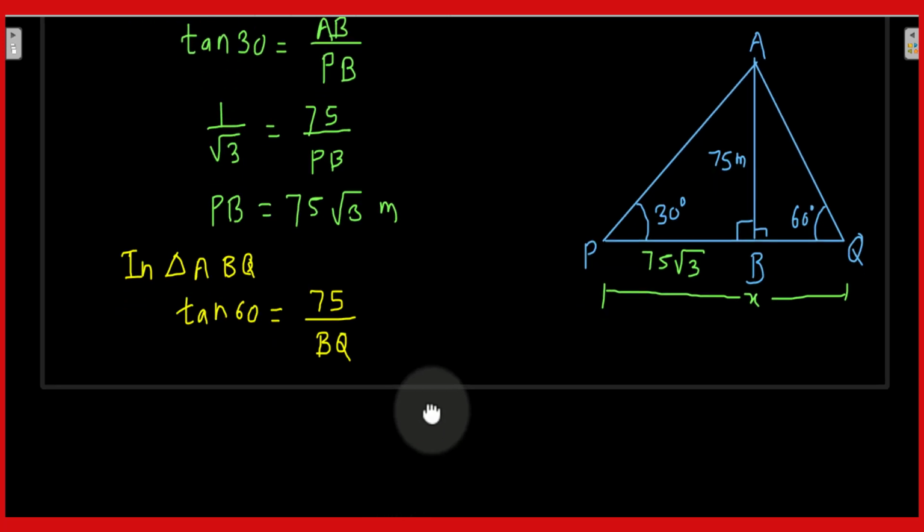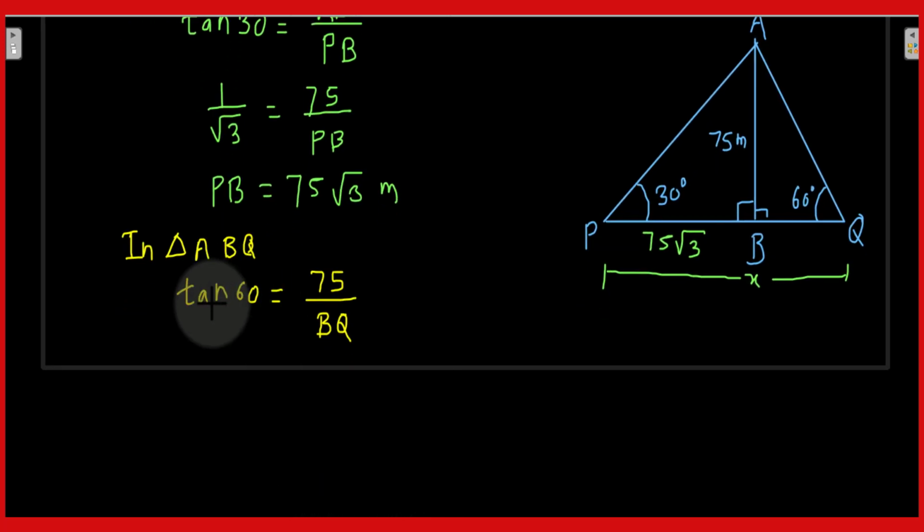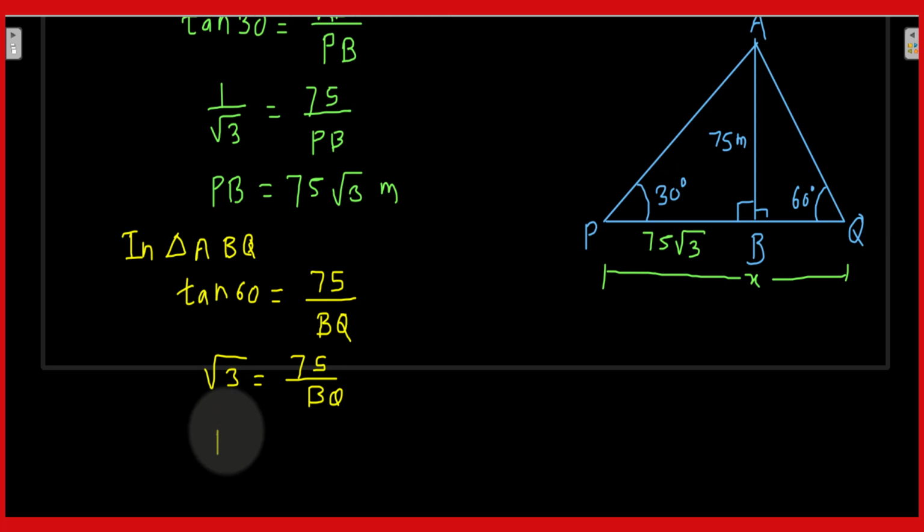The value of tan 60 is root 3, so root 3 is equal to 75 upon BQ. Cross multiply and you will get BQ equal to 75 upon root 3.